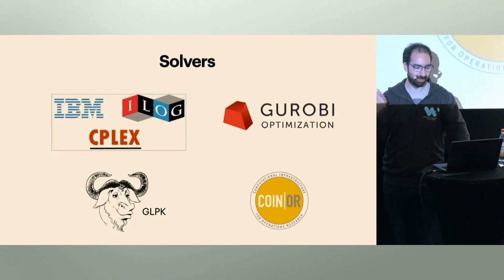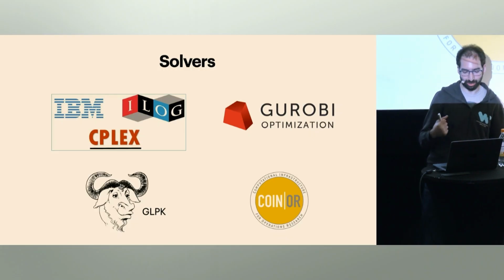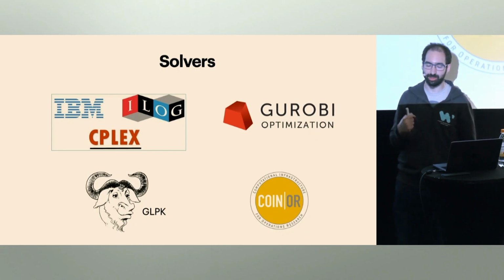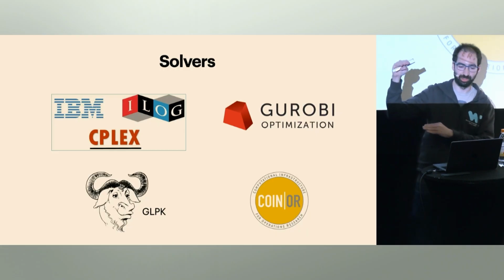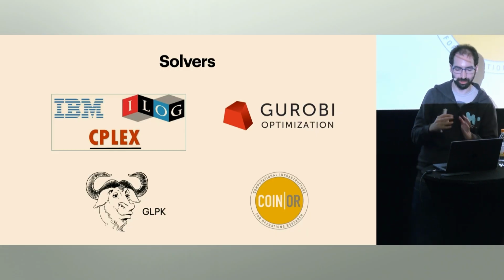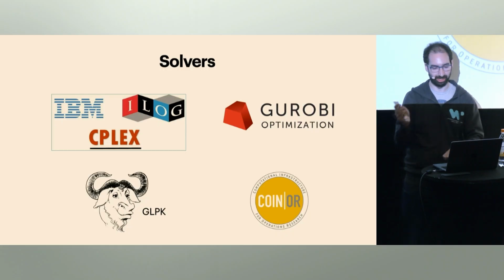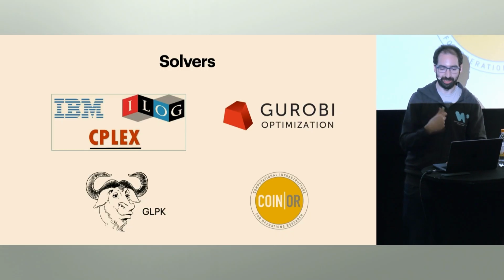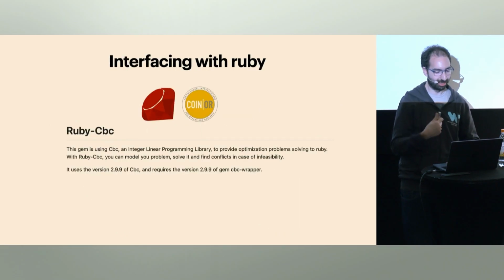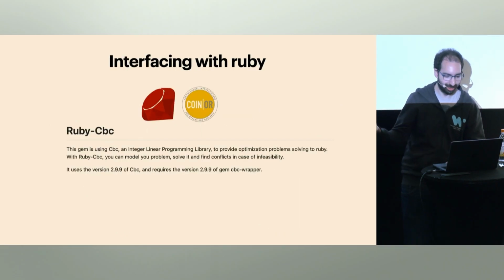And then the last one is called CBC, the last big player. It's an open source project with good capacities, and it's between GLPK and the big commercial solvers. So it's a good compromise. Then there's a gem that interfaces CBC with Ruby, called Ruby CBC.